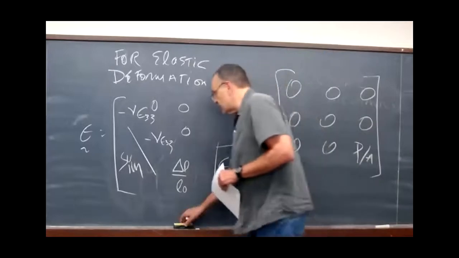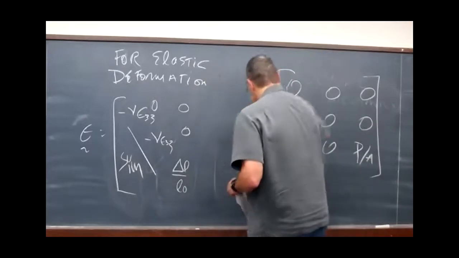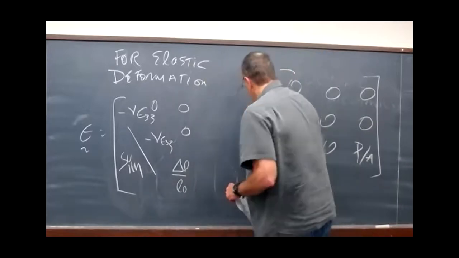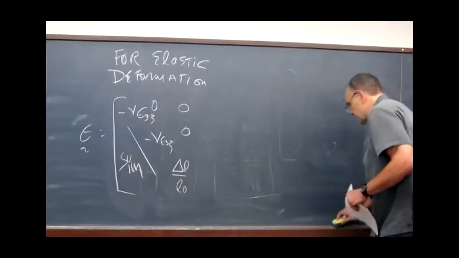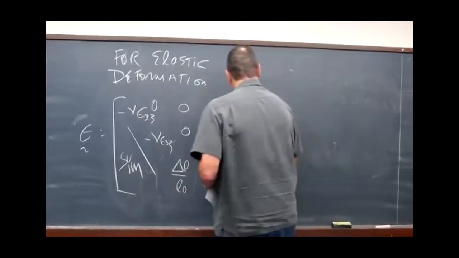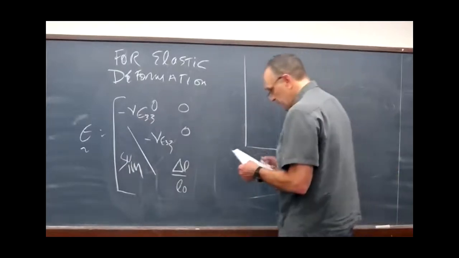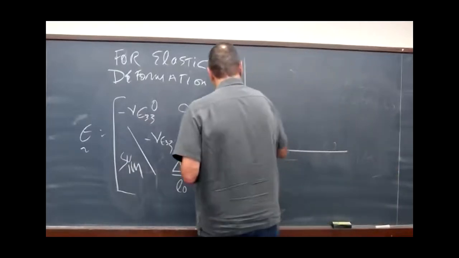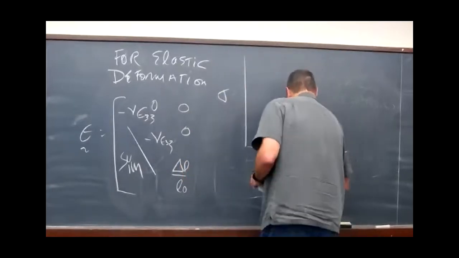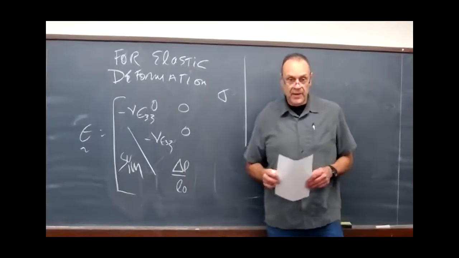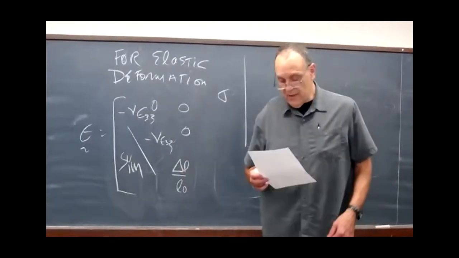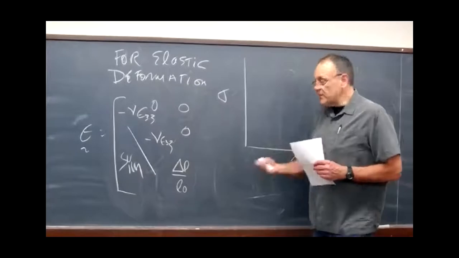So again, just by way of completeness, if I load a sample, a lot of the things that we do here, and a lot of times what people are interested in is what happens when you load polycrystalline samples. That's really one of the real strengths of some of the high energy X-ray methods, is watching this in situ.